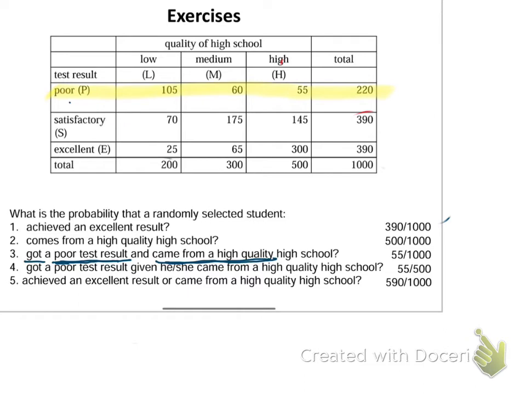Poor test results, and came from a high quality school. This is the high quality school. So they are intersecting in this. Those are the students who scored poor test results and at the same time came from a high quality school. Their number is 55, and the total number of students is 1000.